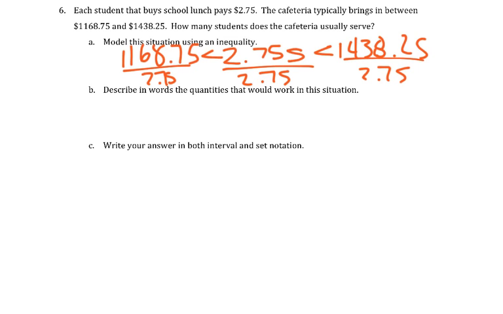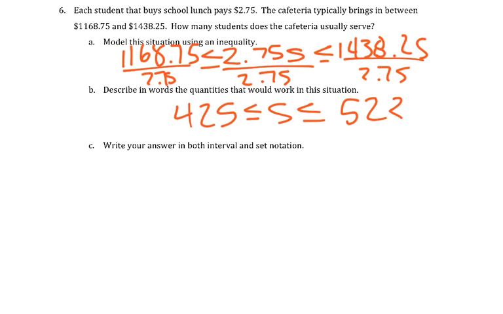So 1168.75 divided by 2.75 gives us, and that could be equal to as well, 425 is less than or equal to S is less than or equal to 1438.25 divided by 2.75, which is 523.